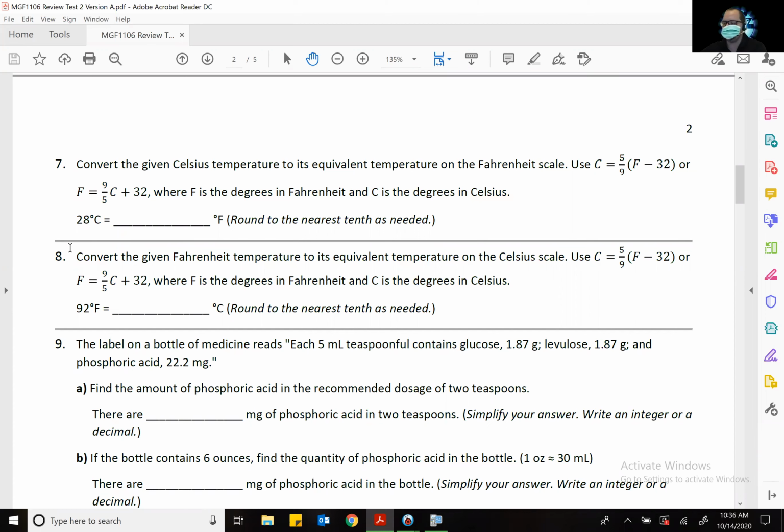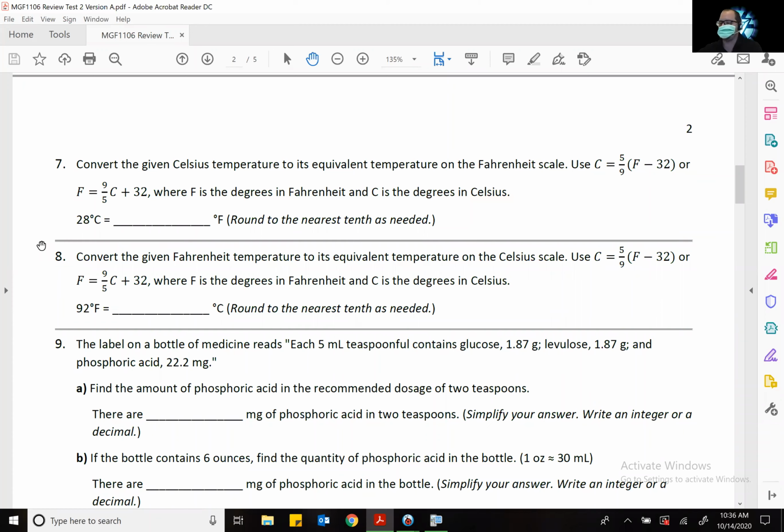28 degrees Celsius. Which formula up here should we be using? The C equals 5/9 parenthesis F minus 32 parenthesis, or the F equals 9/5 C plus 32? The second one, absolutely, because we want Fahrenheit, and this one is equal to Fahrenheit.